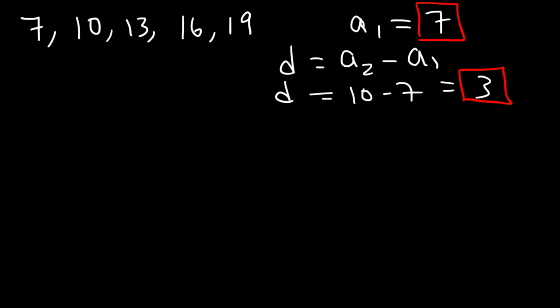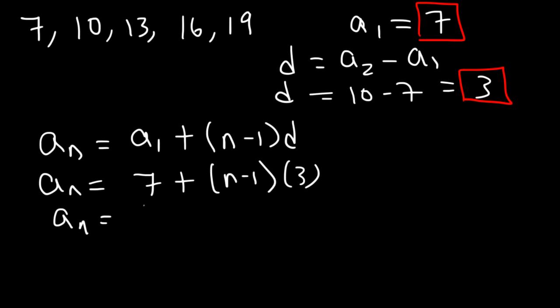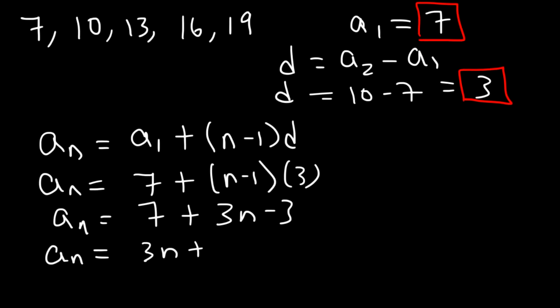Now once you have the common difference and the first term, you can use this formula. a of n is equal to a sub 1 plus n minus 1 times d. So just plug in a1, which is 7, and the common difference, which is 3, and then simplify. Let's distribute the 3 to n minus 1. So it's 3n minus 3, and then combine like terms. 7 minus 3 is 4.